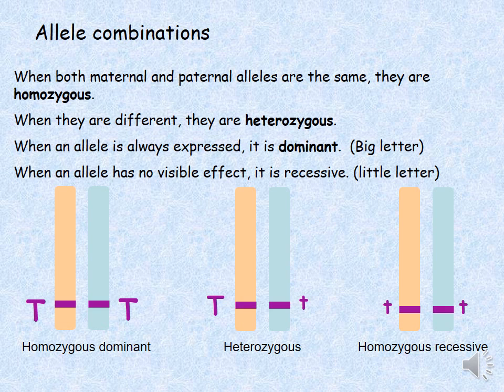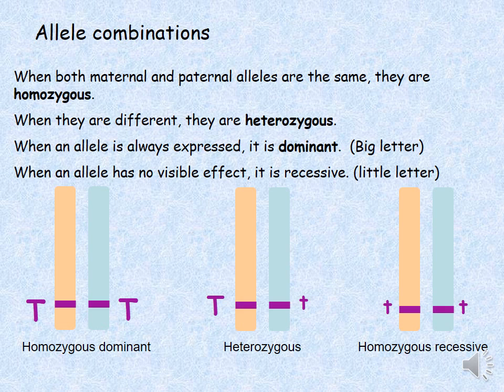If they are the same allele, whether that's big T or little t, they are going to be homozygous. Homo meaning same. So they will be the same alleles. If they are different, which is found in the middle here, big T, little t, that is heterozygous, because hetero means different.